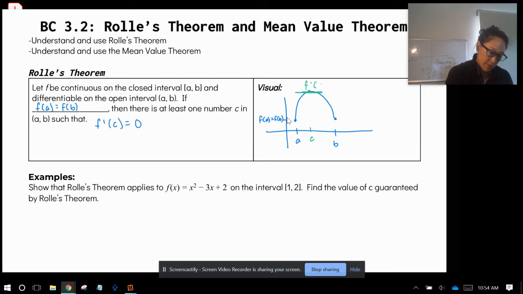So f prime of c is equal to 0. It's basically the slope of these two points. So the average rate of change between a and b is 0, so there's some place on the graph between those two values where the slope is also going to be 0.